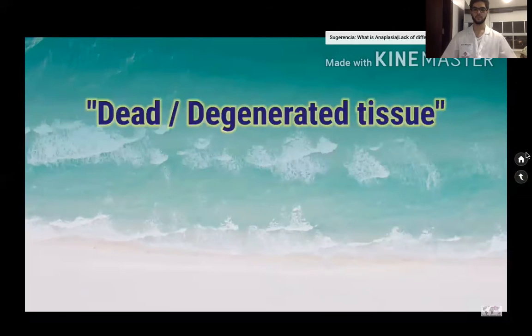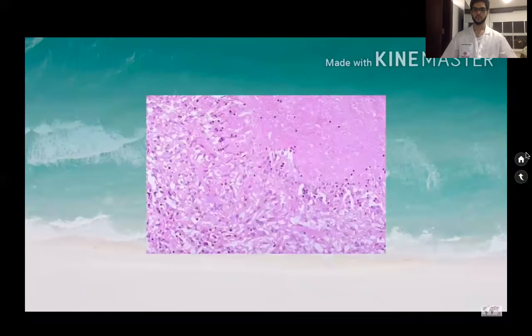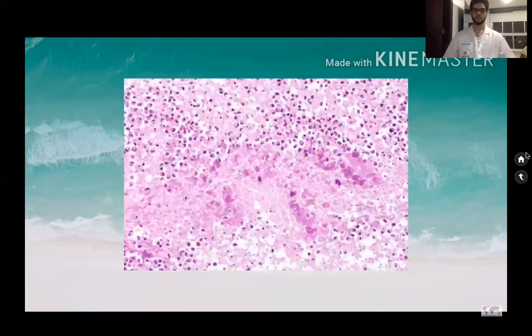Now let's have a look at examples of dystrophic calcification. Dystrophic calcification commonly occurs in foci of caseous necrosis. Caseous necrosis commonly involves lung, bone, or any internal organ. At the center of this caseous necrosis, there may be calcification, and that is one type of dystrophic calcification. The next example is liquefactive necrosis.